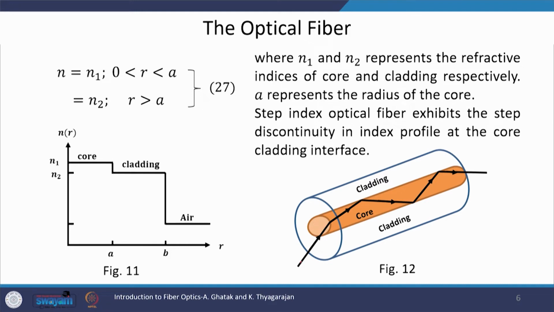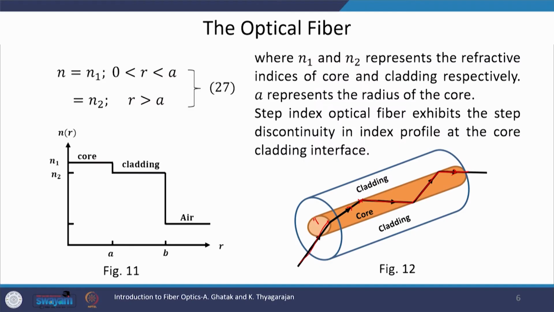Therefore, if you launch light at an angle larger than the critical angle for the refractive indices of core and cladding, it will suffer total internal reflection at the core-cladding interface, and this way it gets guided along the length of the fiber.